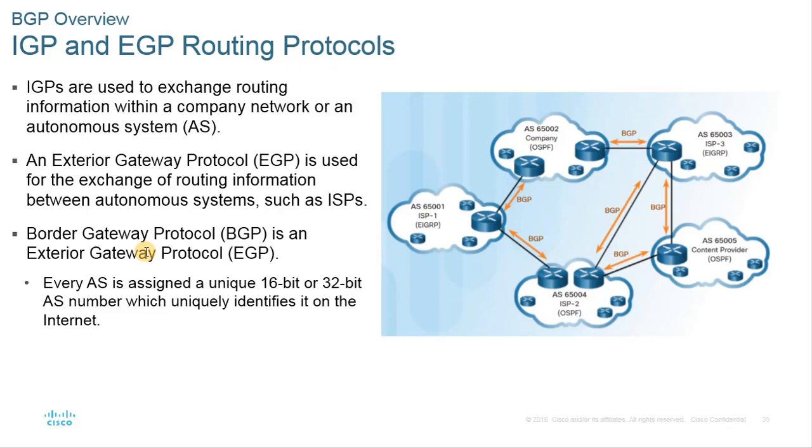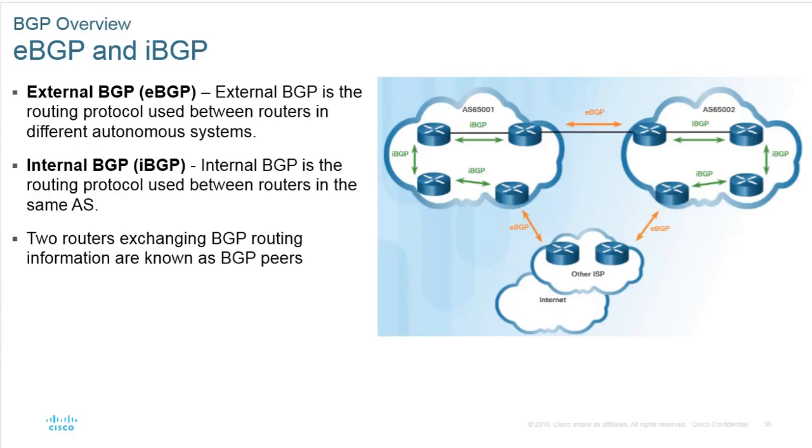So then every AS or autonomous system is assigned a unique 16-bit or 32-bit AS number, which uniquely identifies it on the internet. So this is the 16-bit or 32-bit assigned number for every autonomous system, as you can see in our example. So therefore, additional information about BGP.